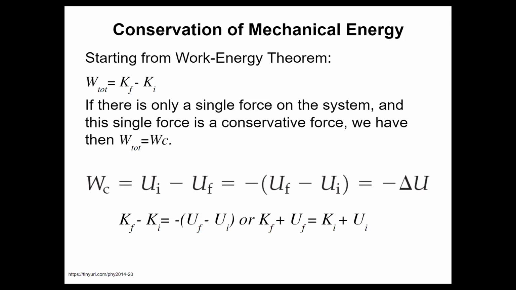So K_F minus K_I is equal to minus of U_F minus U_I. If you put the final quantities on one side of the equation, move U_F to that side, negative becomes positive, and move the initial quantity to the other side with the initial kinetic energy. For U_I, it's minus of minus, so it's positive. You end up with kinetic energy final plus potential energy final equals kinetic energy initial plus potential energy initial.